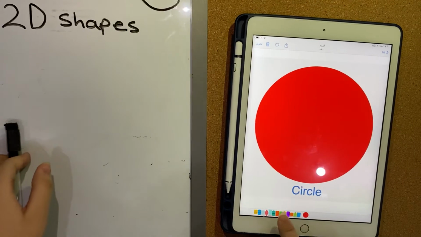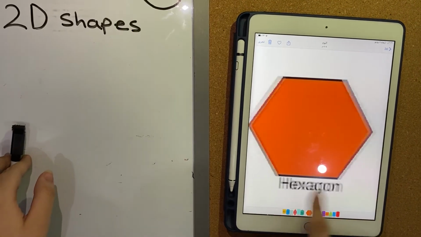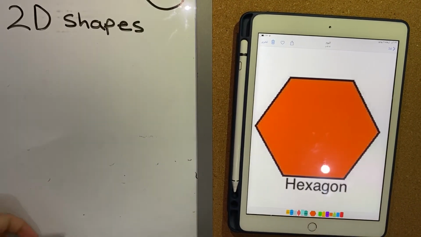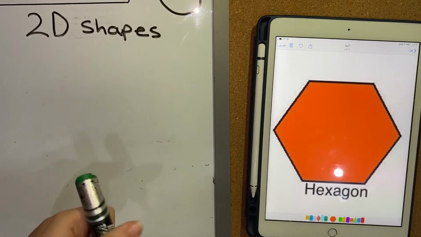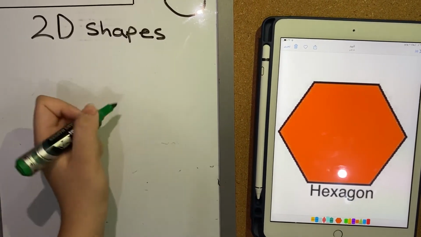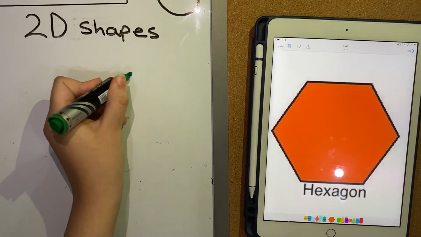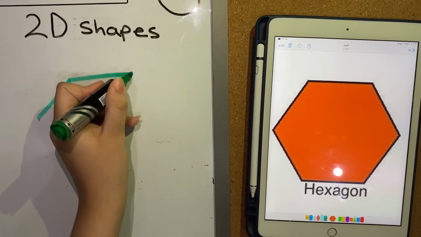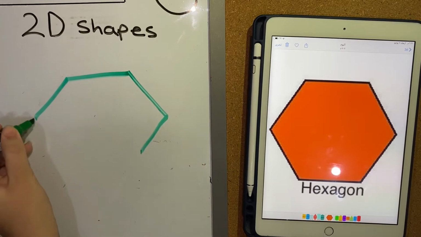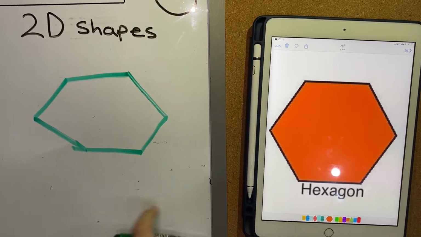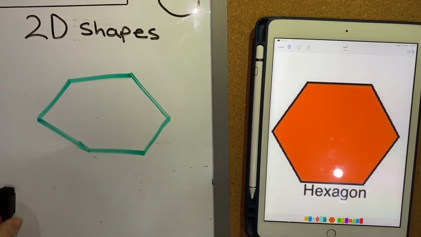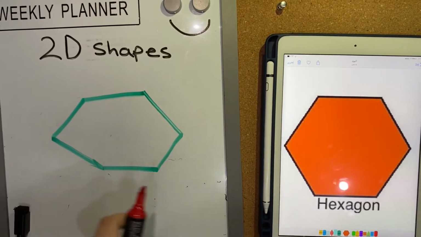Okay, after the oval is the hexagon. Okay, let's draw it. My drawing is not perfect. Okay, hexagon.